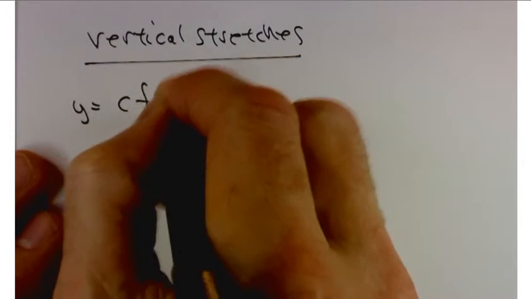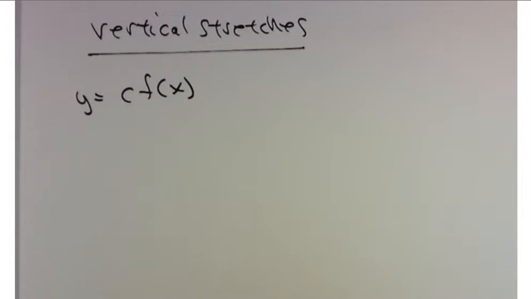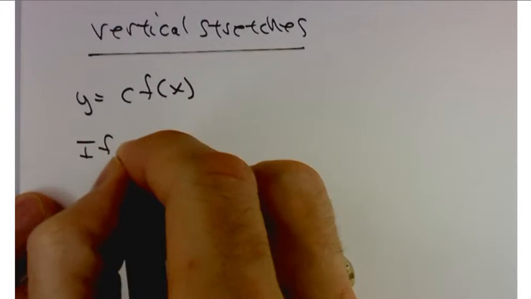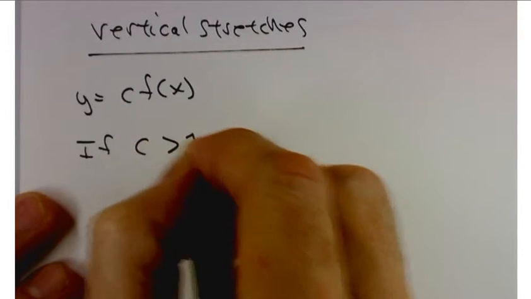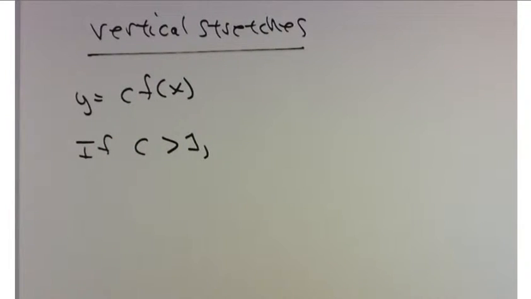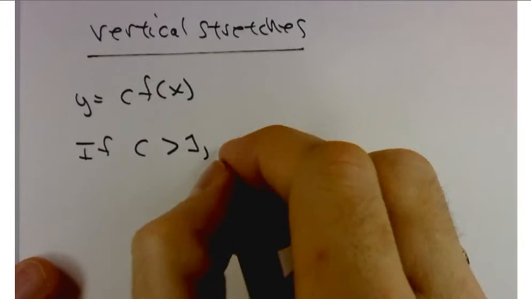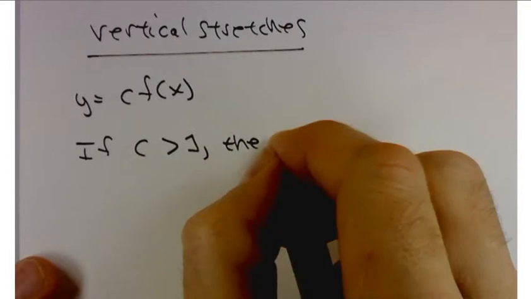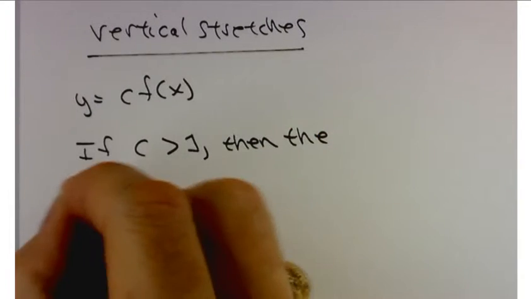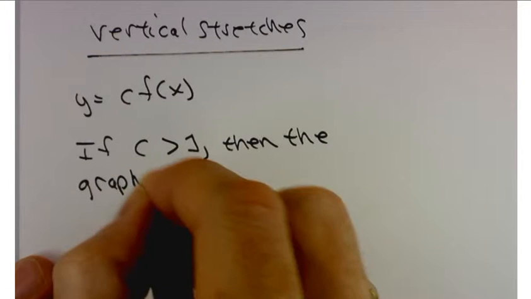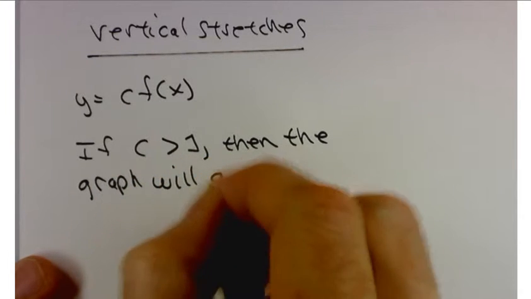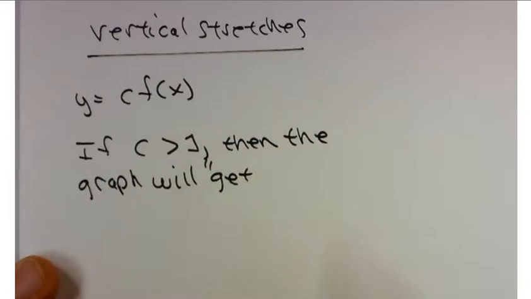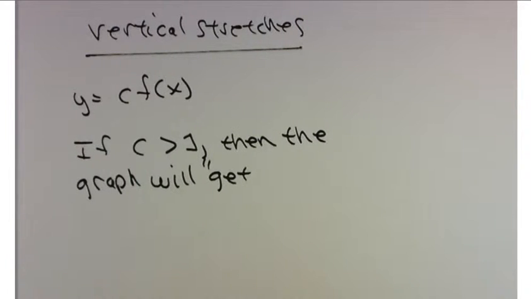If c is greater than 1, then the graph is going to be stretched away from the x-axis. It's going to be made taller. We'll get taller. It's going to be stretched away from the x-axis.